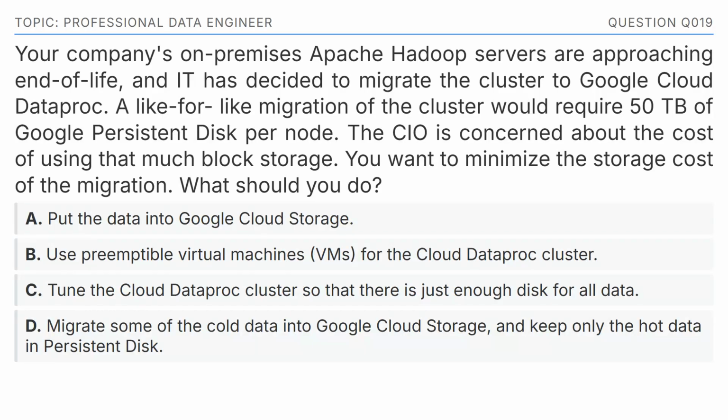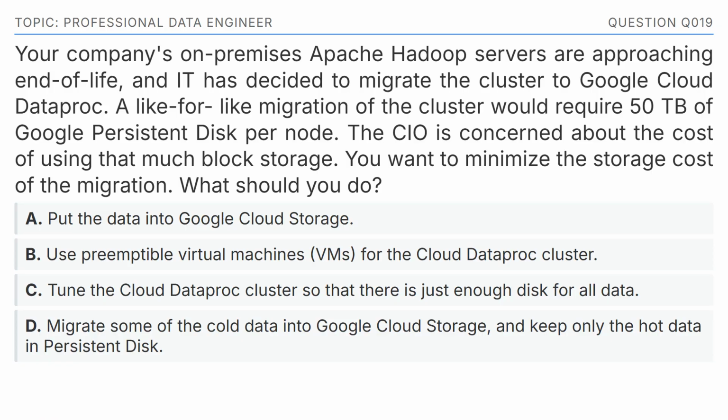Your company's on-premises Apache Hadoop servers are approaching end of life, and IT has decided to migrate the cluster to Google Cloud Dataproc. A like-for-like migration of the cluster would require 50 terabytes of Google persistent disk per node. The CIO is concerned about the cost of using that much block storage. You want to minimize the storage cost of the migration.